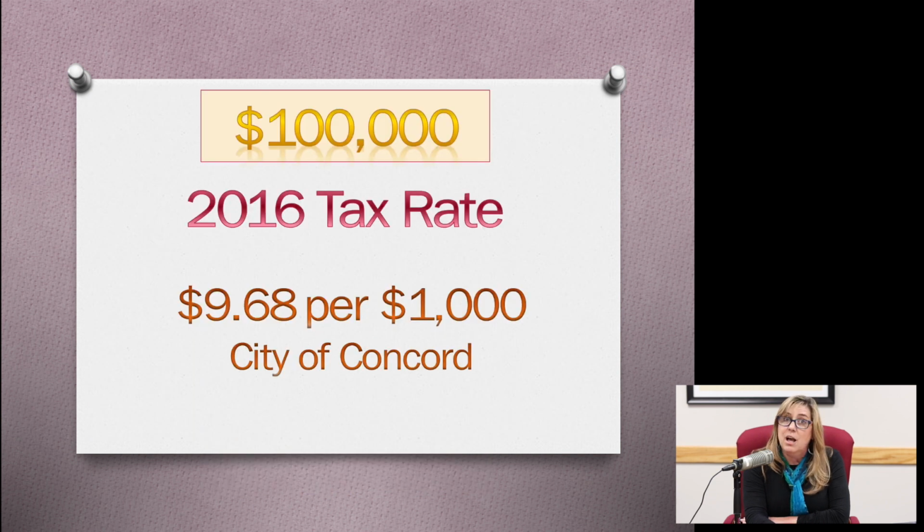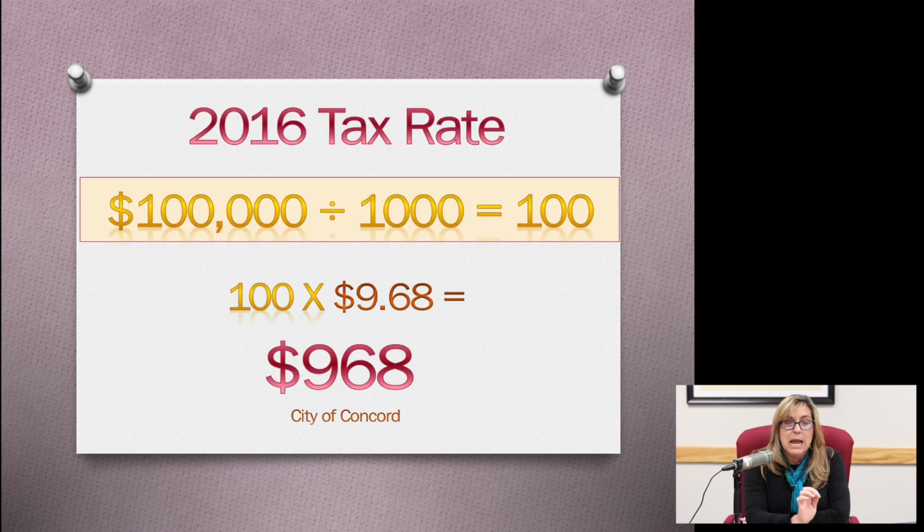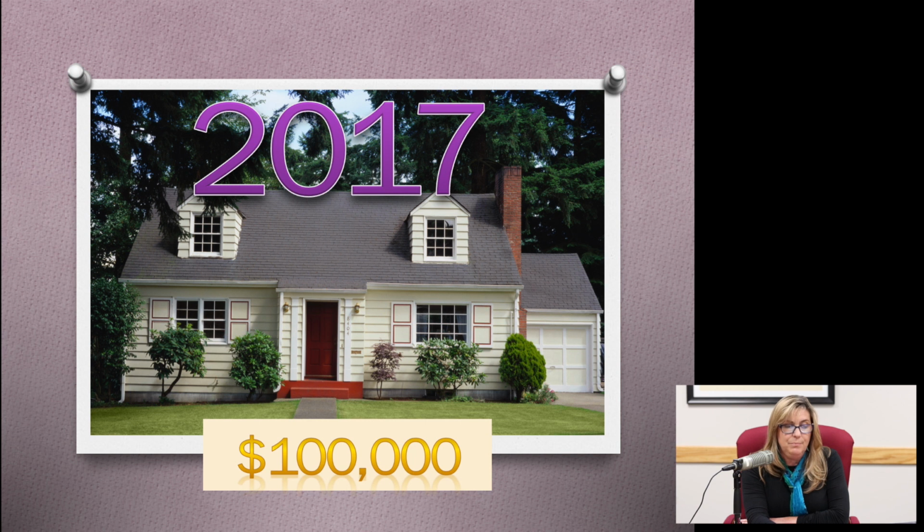So our $100,000 house in 2016, the tax rate at $9.68 per thousand, just for the city of Concord, would mean that we would pay taxes on that $100,000 house, per 1,000 times 100, equals 100 times 9.68 equals $968. That's per $100,000.